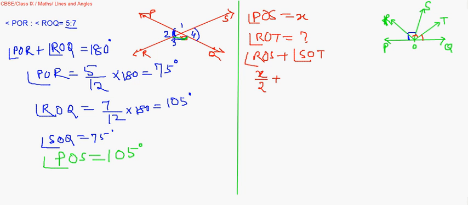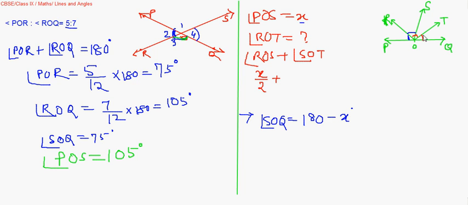Okay, now to do so, I'll just make some rough work out here. To find SOT, what is SOQ? SOT will actually be half of SOQ. Now, if POS was given to be X, SOQ will be 180 minus X, because PQ is a straight line.